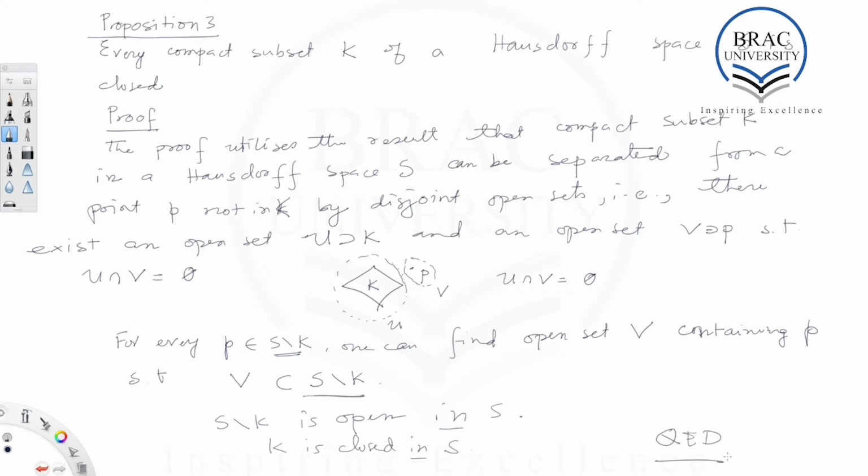Okay, so our next proposition is about the image of a compact set under a continuous map being compact. Let's prove it.